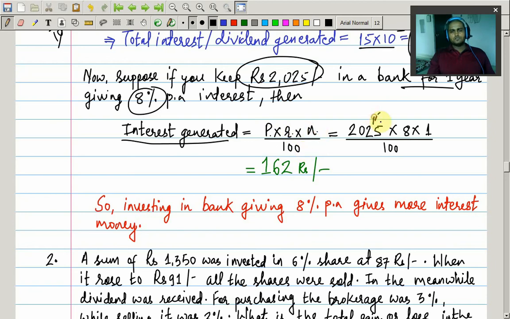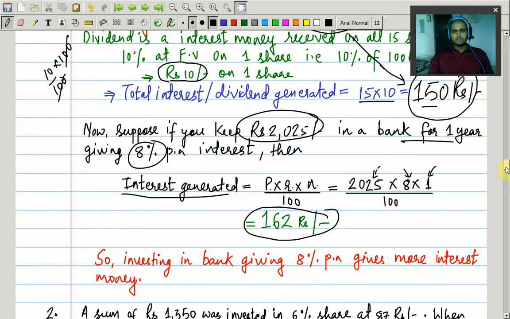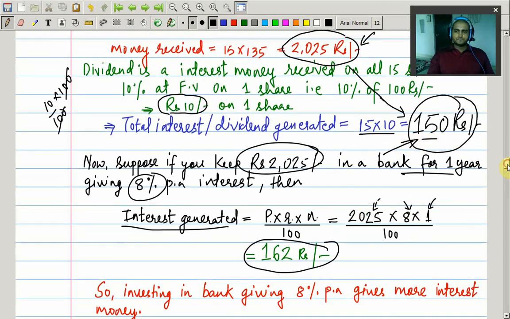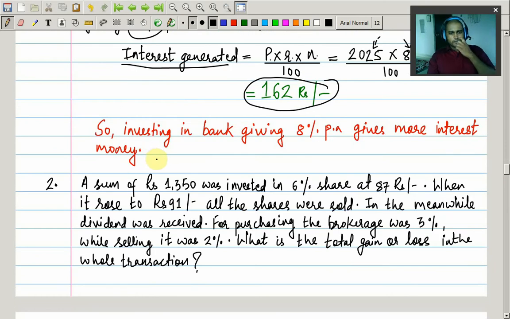This is the principal amount, this is the rate, for 1 year. So the total interest I'm going to generate in 1 year is 162 rupees, which is greater than this interest. So investing in a bank giving 8% per annum gives more interest.